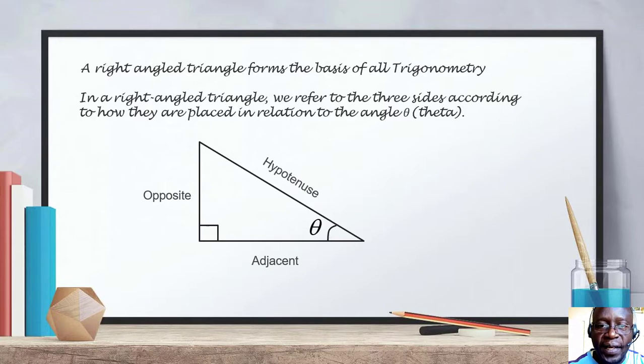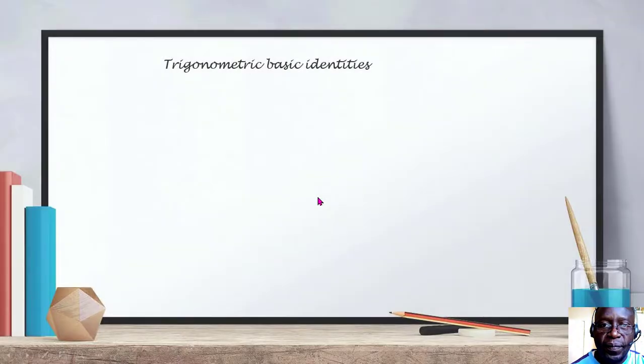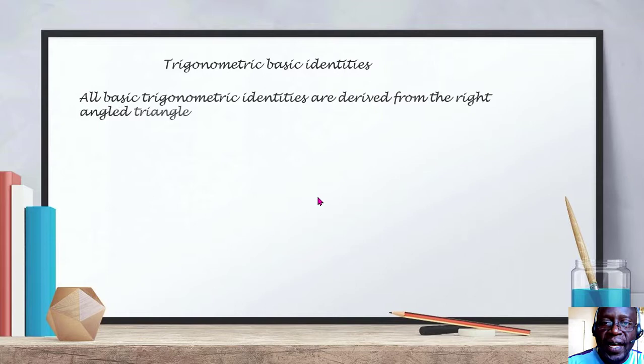And the longest side of a right-angled triangle is called the hypotenuse. All the basic trig identities are derived from the right-angled triangle.